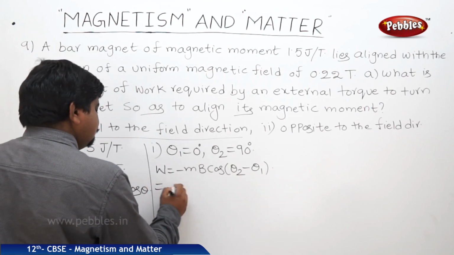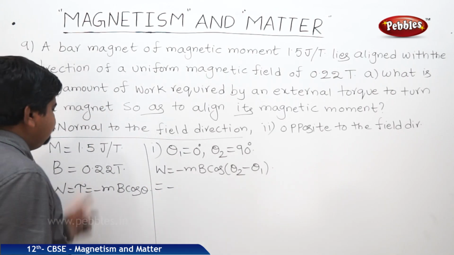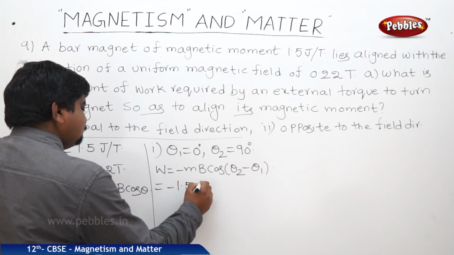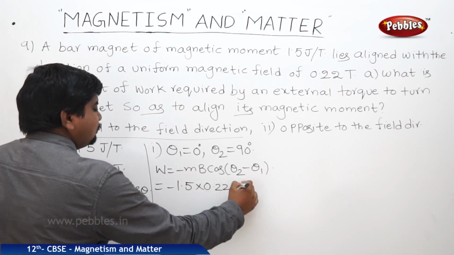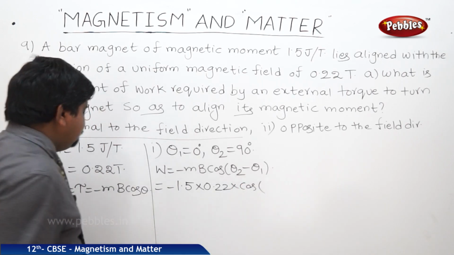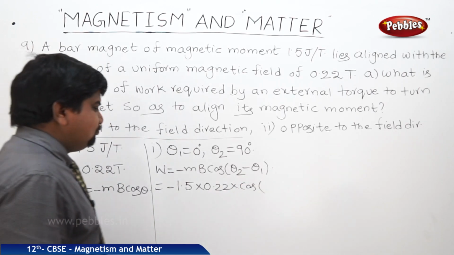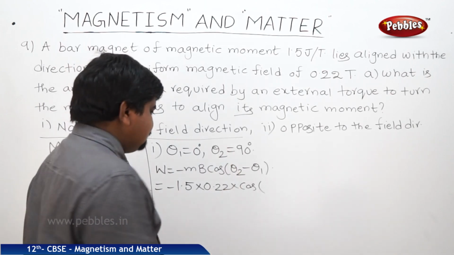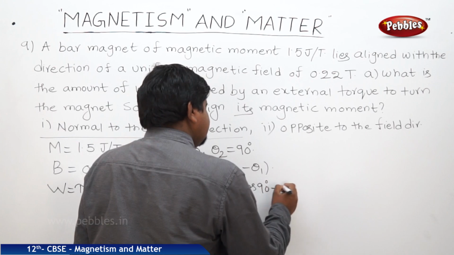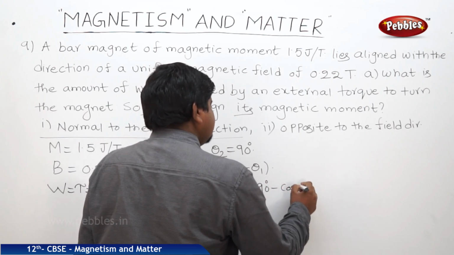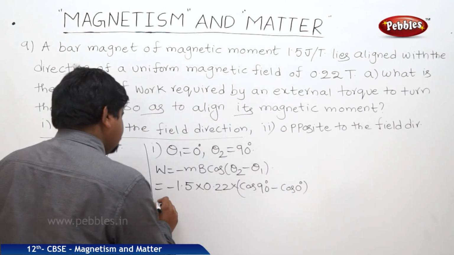So minus m, which is 1.5, B, which is 0.22, into cos 90 degrees minus cos 0 degrees.